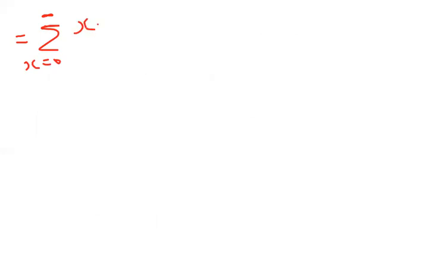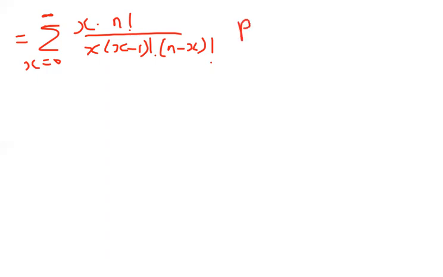And I have my n factorial all over, the x can become x into (x - 1) factorial, multiplied by (n - x) factorial. And then instead of writing p to the power x, I can write p to the power (x - 1), then multiply by p.